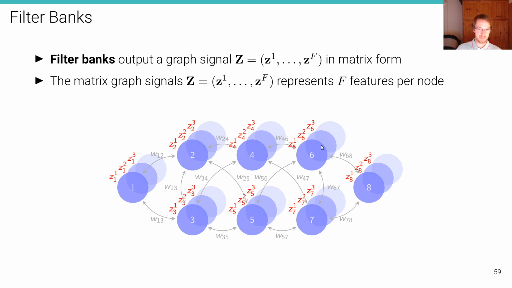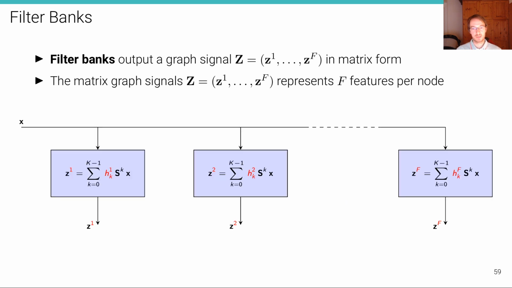So for instance, in this case, at node 6, we have 3 values in the output of this filter bank. How does it do that? Well, it's basically just applying 3 different filters independently on the input signal X. So we take the input signal X, we pump it through the first filter, we get C1. Through the second filter, we get C2, and then through the F-th filter, we get CF.